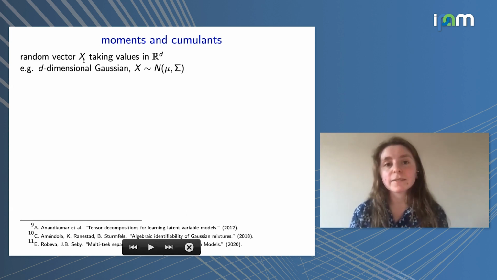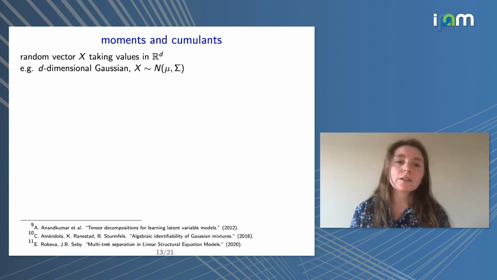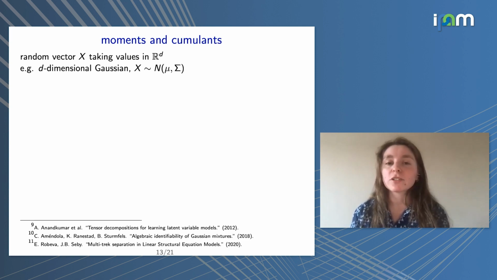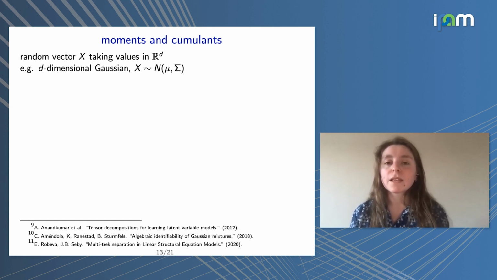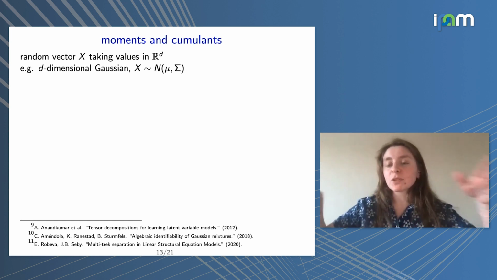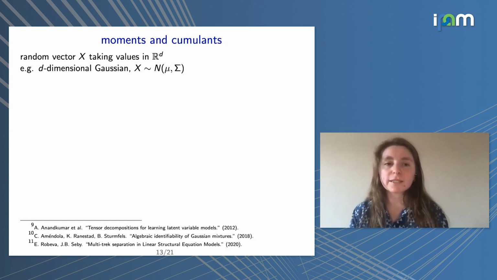So I've got some random vector x, which takes values in R^d. For example, I could consider a d-dimensional Gaussian. This notation means x is normally distributed with mean vector mu and covariance sigma, where mu is a vector of length d and sigma is a d by d positive definite matrix. This gives our familiar multivariate bell-shaped object.